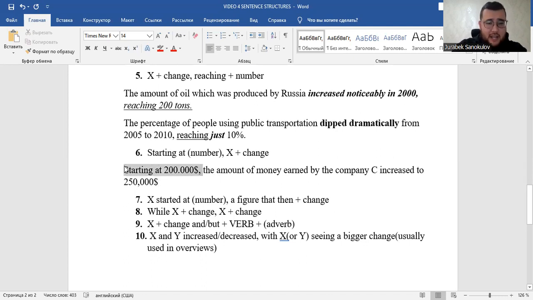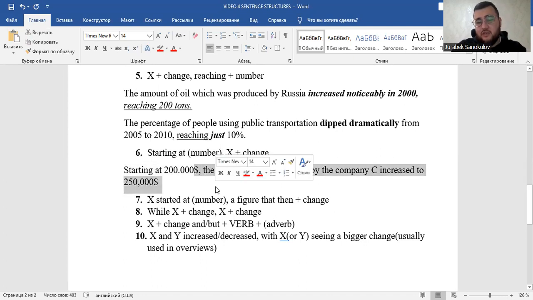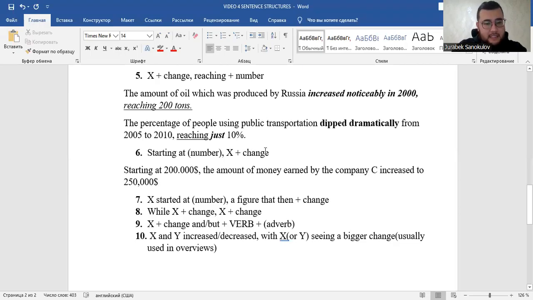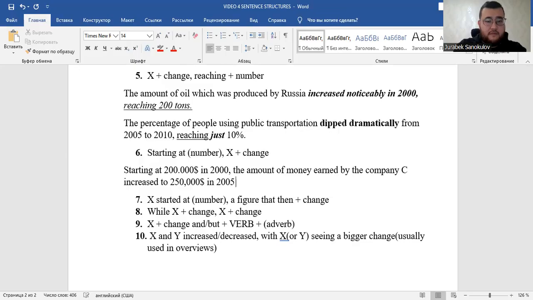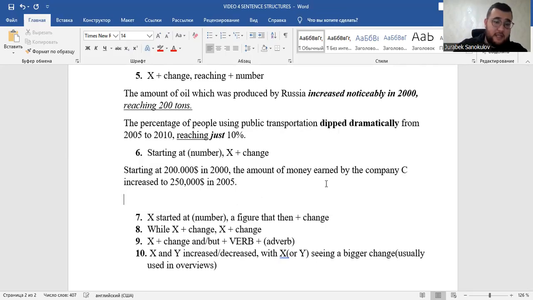So you just say starting at plus number, and then you will include a full sentence describing the change that happened. So let's include the years as well, 2000 and 2005. That's how you will use the sentence. I'll show you one more sentence and then we will move on.